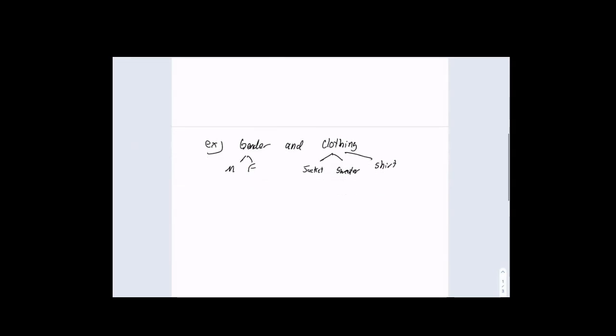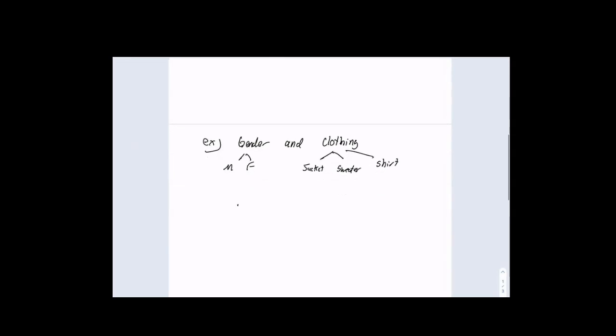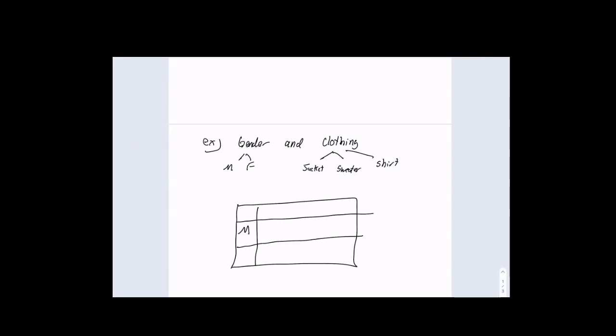All right, so we calculate it, and in today's problems, I'm going to give you the base of these tables. So the base of this table would be male, female, jacket, sweater, shirt.